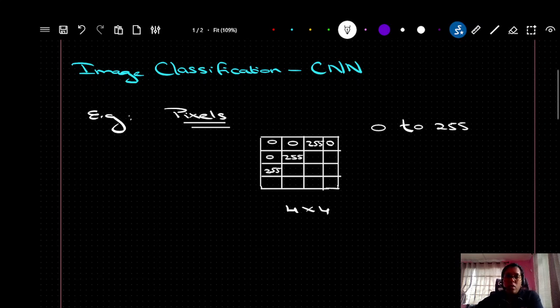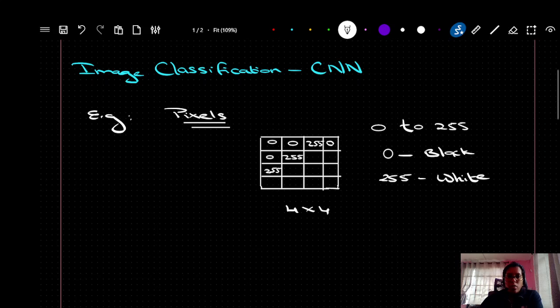Normally for 0 to 255, 0 is the color black in a picture, okay, and 255 is white, and in between you have other colors which will determine the picture, okay.